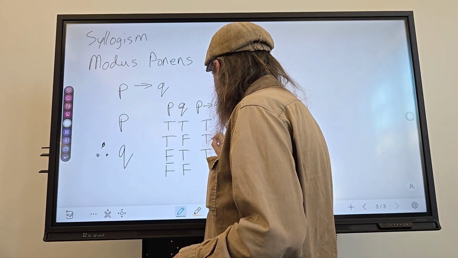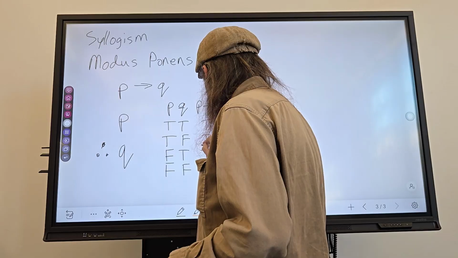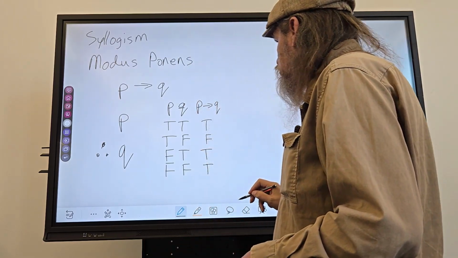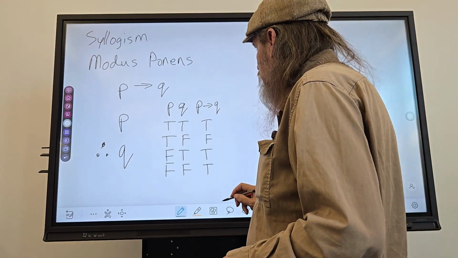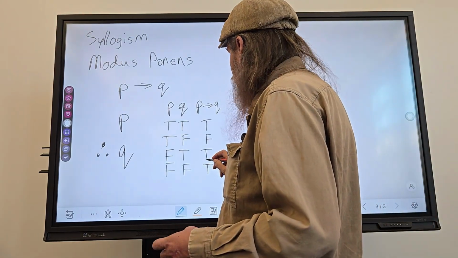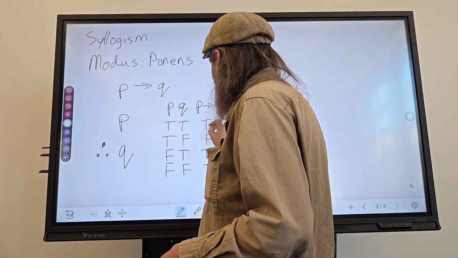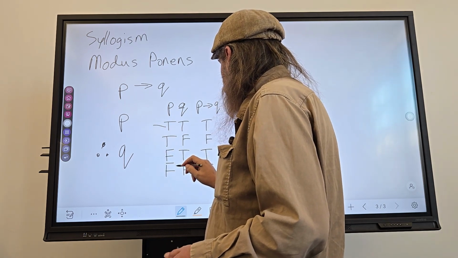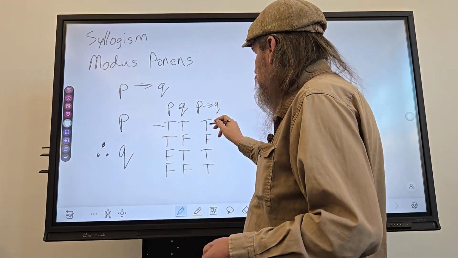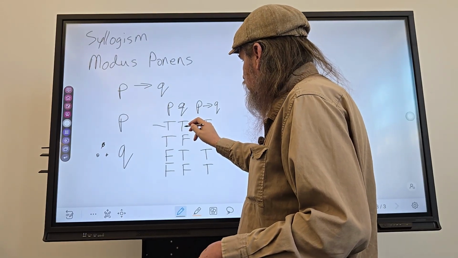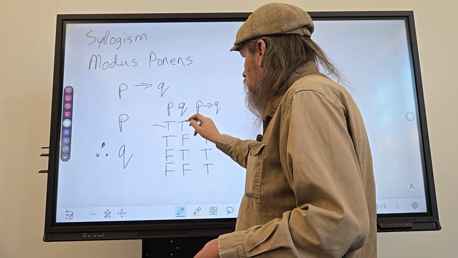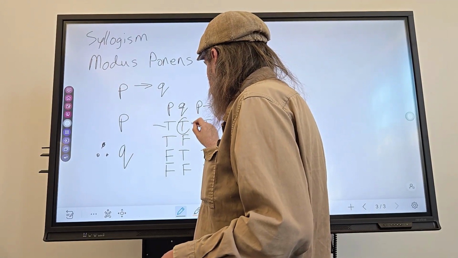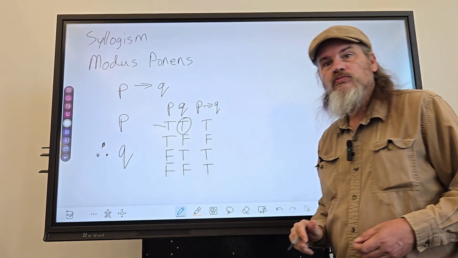Oh no, this is false. True. And so if in your critical rows you have your critical row here, that's the only one, and the conclusion is true. Q is the conclusion, so this is a valid argument form.